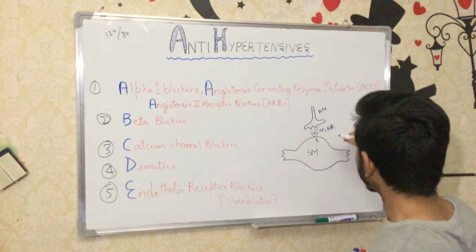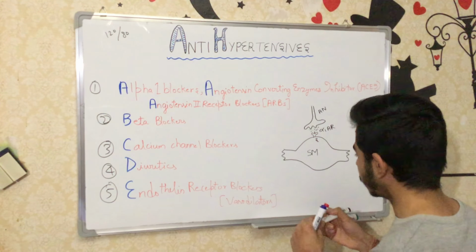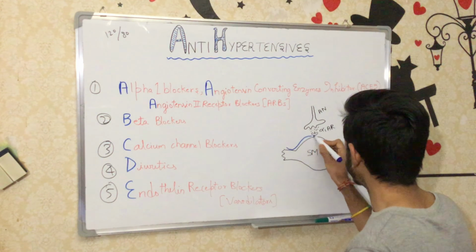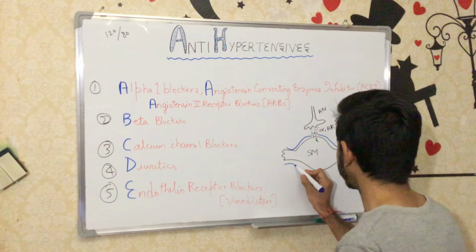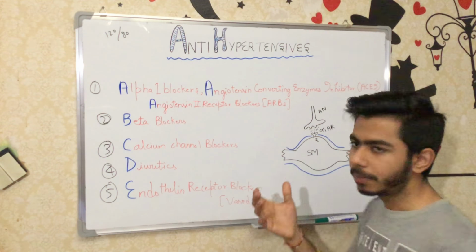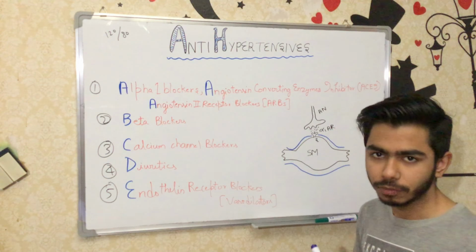So this smooth muscle will contract, and around it there is the lumen present over here. For example, this is the lumen, in which our blood is moving, our RBCs, WBCs, those cells are moving along with the blood.